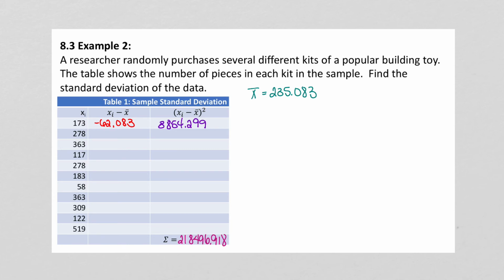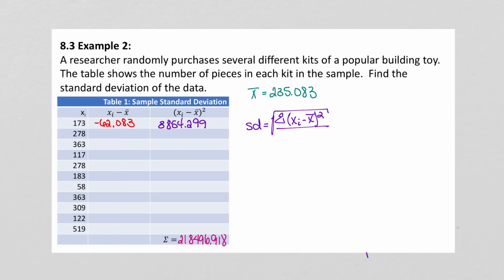And then we'll plug in to our formula. So the formula for standard deviation is the square root of the sum of our differences. Okay.